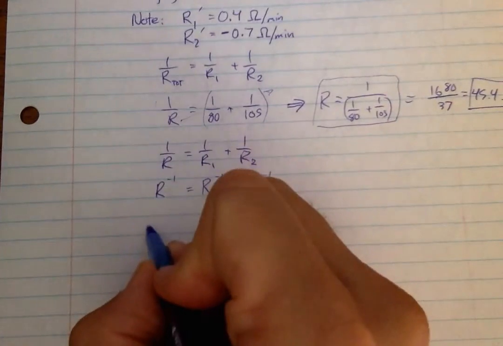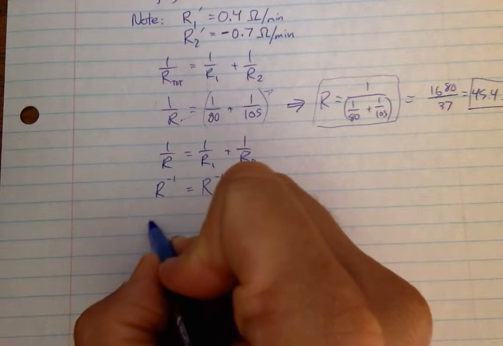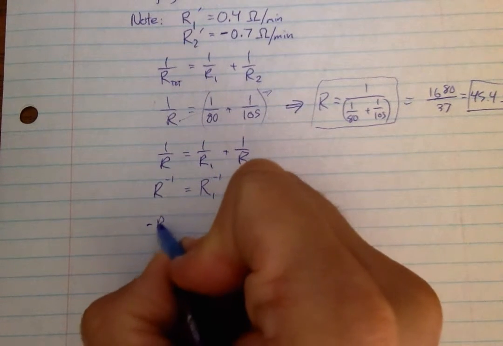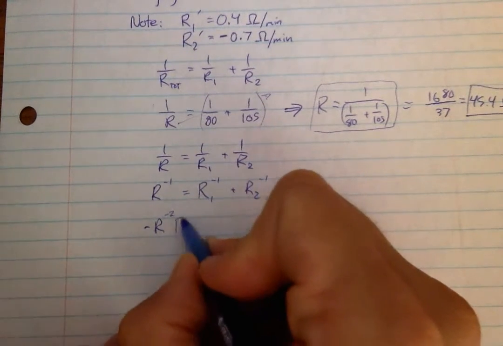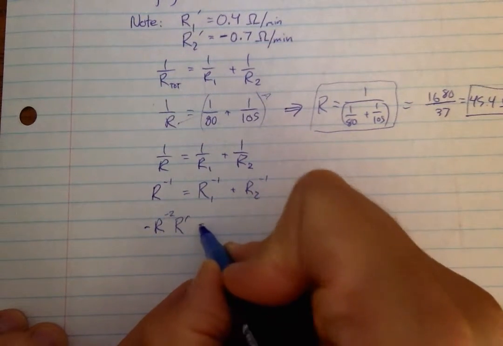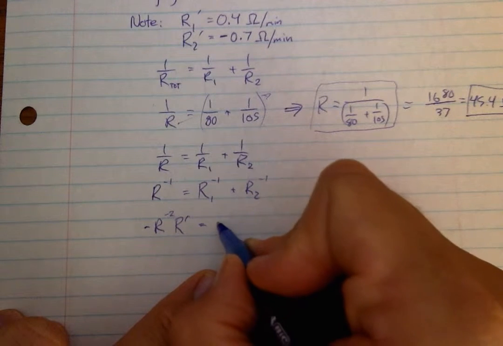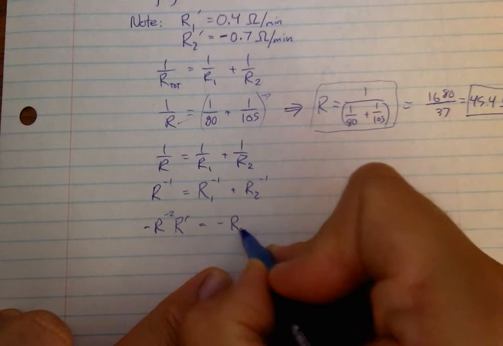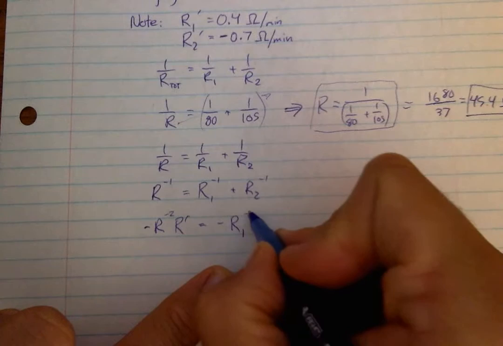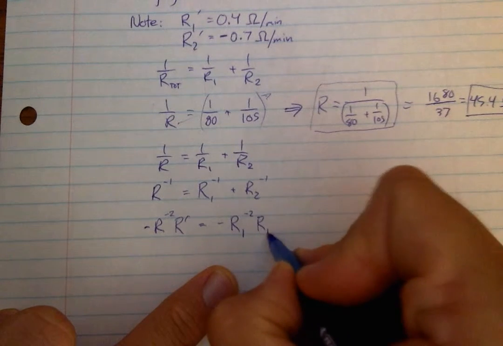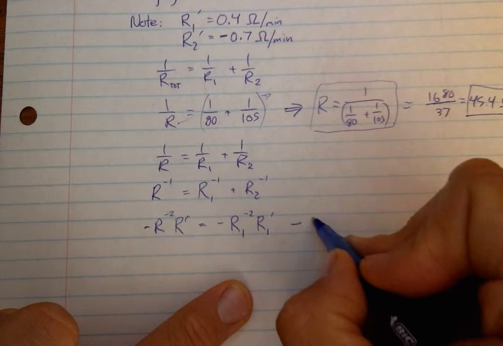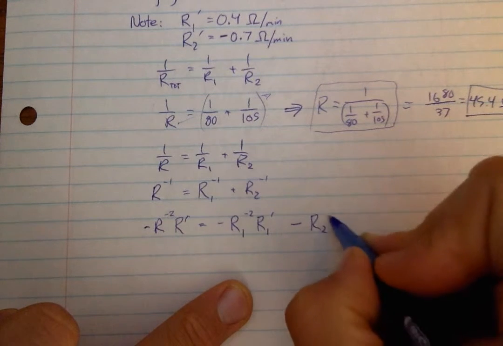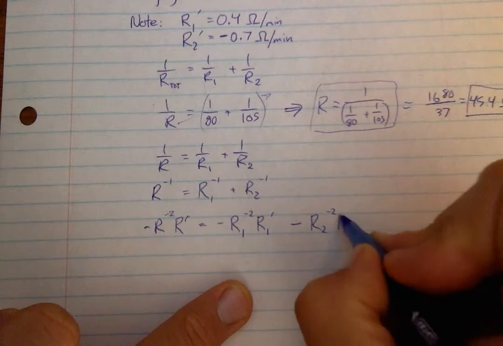So you bring the negatives down, it gives you negative R to the negative 2, and you remember your R prime because they're all independent functions, equals negative R1 to the negative 2 times R1 prime, and then that'll be also a negative R2 to the negative 2 times R2 prime.